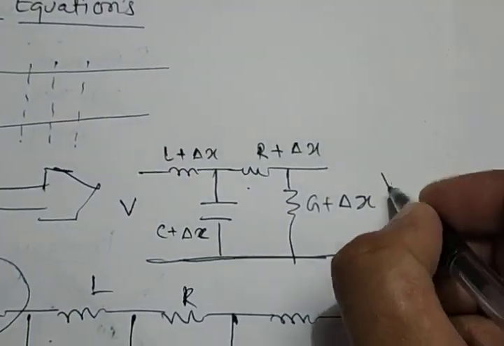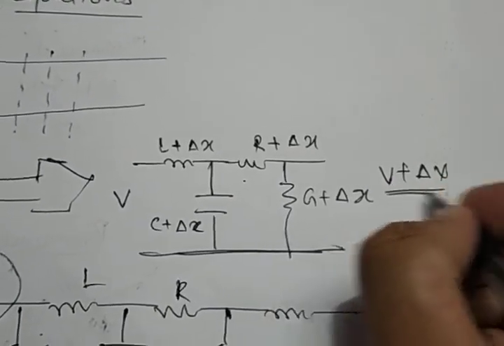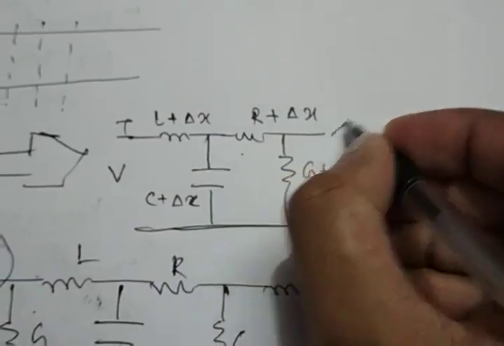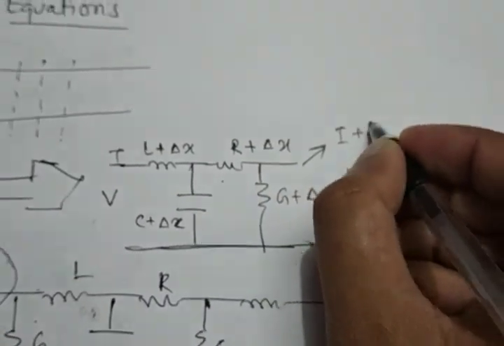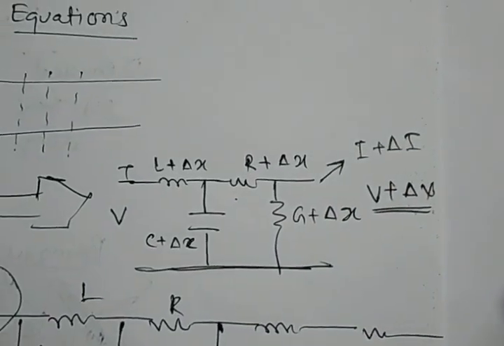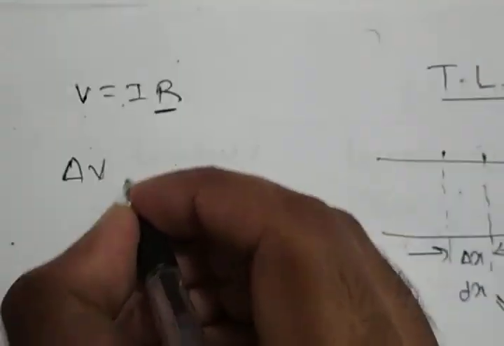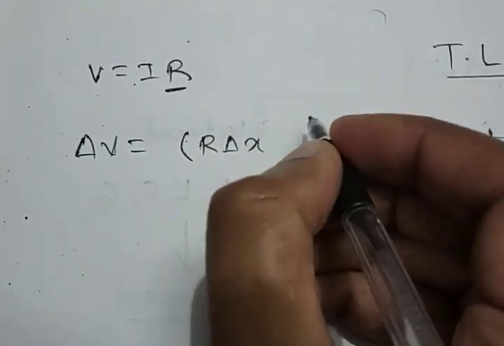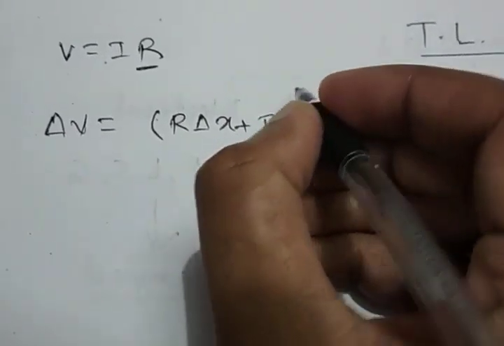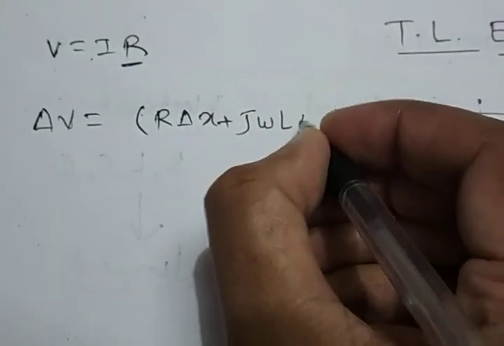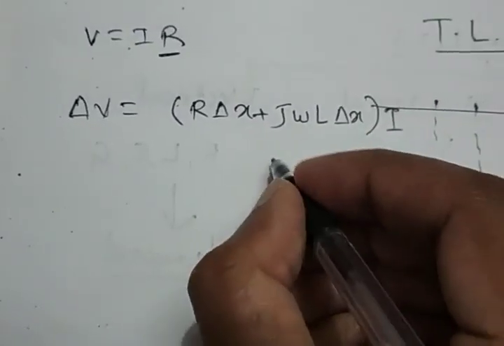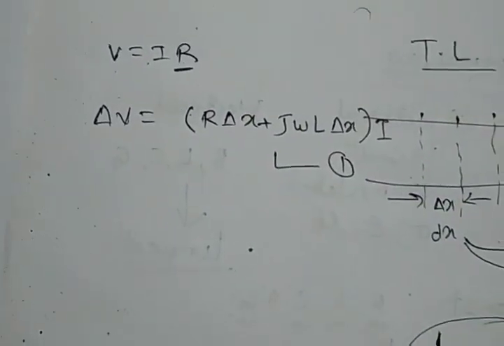So there will be V plus delta V. Similarly, if current I is entering here, we will get I plus some change in current, delta I. This delta V will be R delta x plus j omega L delta x, into I. So this is our expression 1.